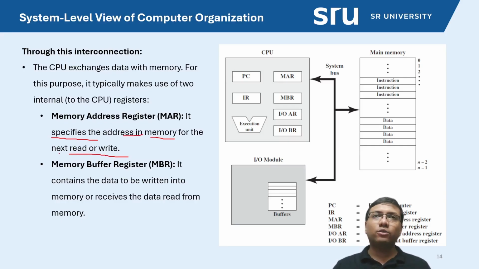Just like program counter gives an idea of the location of the next instruction to be executed, memory address register gives the memory address for the next read or write. Next is called memory buffer register. It contains the data that needs to be written next into memory or which needs to be read next.